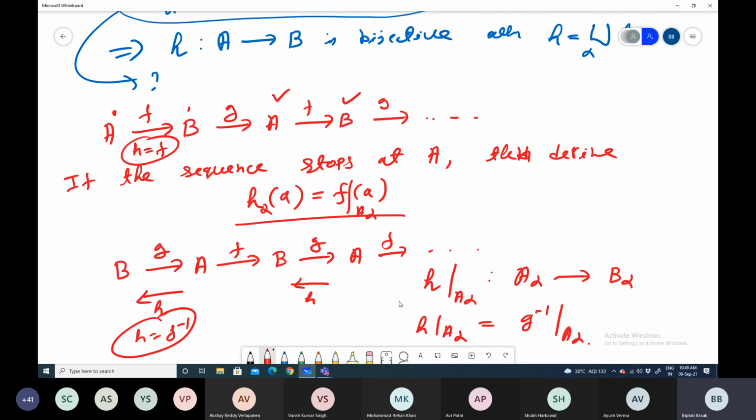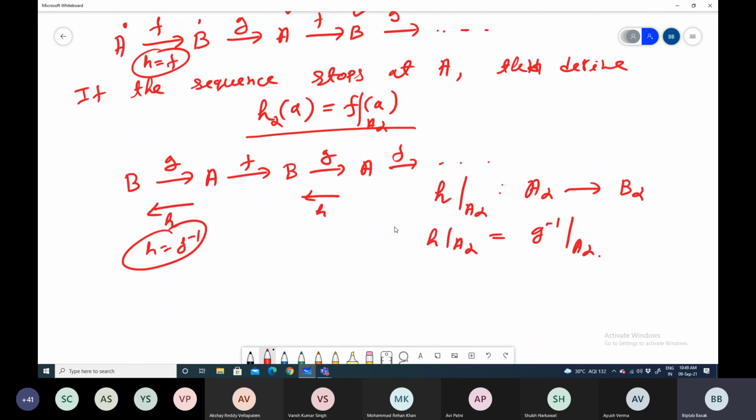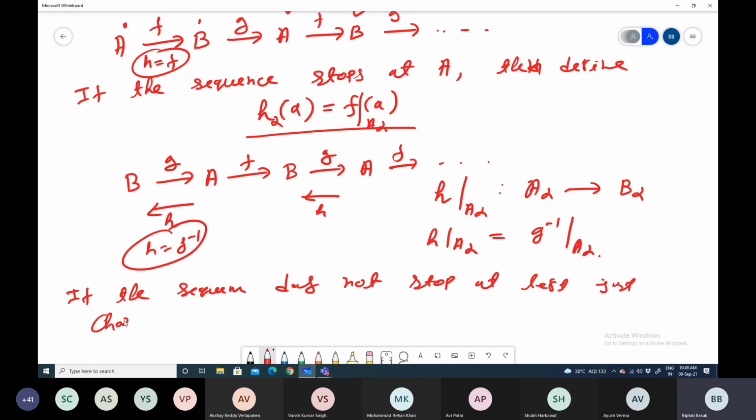You can see that this is an infinite sequence. And if the sequence does not stop at left, so you can choose H to be either F or G. Both are fine.